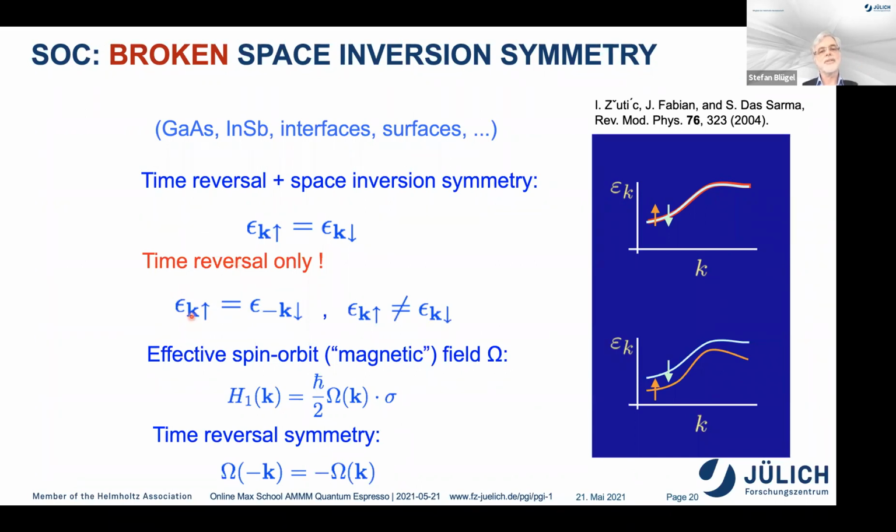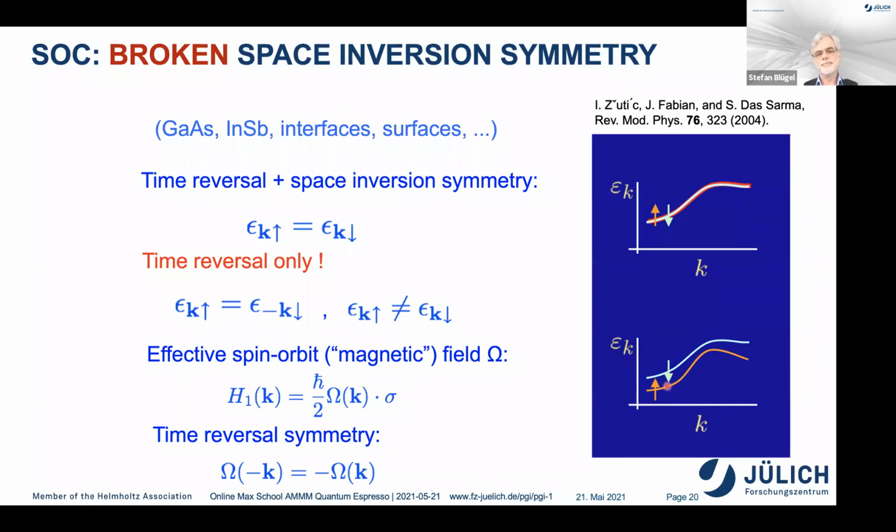And the energy of K spin up is the same as the energy of minus K spin down. But the eigenenergy of K spin up is not the same as the eigenenergy of K spin down. So that means if you are now looking at a particular K point, the degeneracy of spin up and spin down states is lifted.